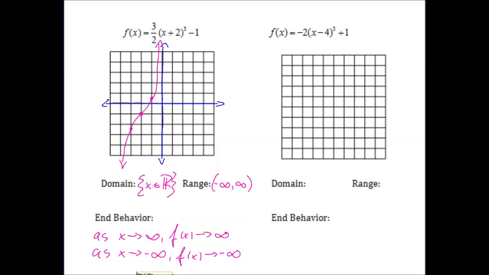And going right to our next example, where am I going to place my vertex this time? This time I'm going to go 4 steps to the right. Remember, the opposite of what we see in that parentheses is really what h is. 4 to the right, 1 up. Here's our vertex. This time our dilation is -2. This time we have to flip, and we have to also go 2 times as far as we normally would.